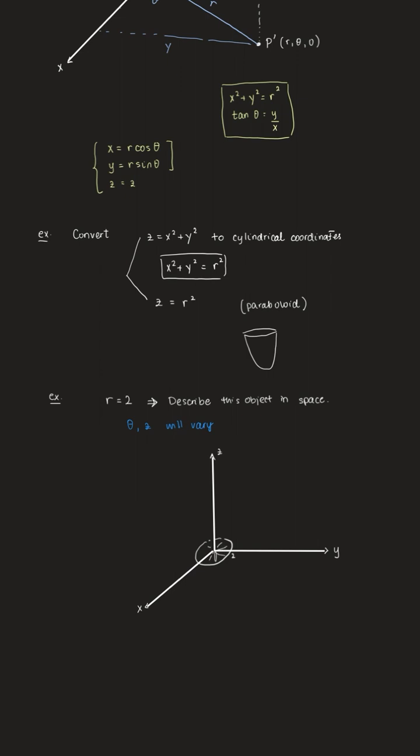As we move, we can draw some traces of our cylinder as we move up along z or down along z. And we see that this is just going to be a cylinder whose projection onto the xy plane is a circle of radius 2. And so describing this cylinder with cylindrical coordinates is actually very, very nice because we can just say r is equal to 2.